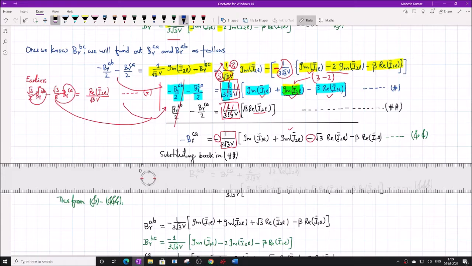If I do not take common this plus sign here, then it will be simply like this, 1 by 3 root 3b. And then if I take this common bracket between this and this, then it will be imaginary of I1L and imaginary of I2L, minus plus becomes plus actually here because this is plus here, so plus of root 3 here and minus of beta. Okay, and then I take minus common after that. If I take minus common, then it becomes the minus sign.